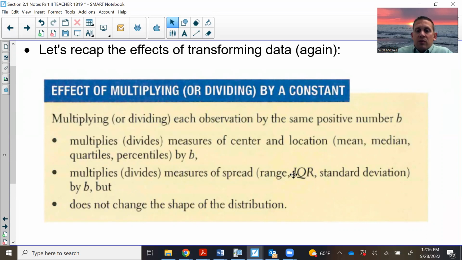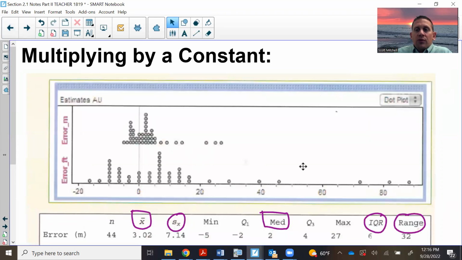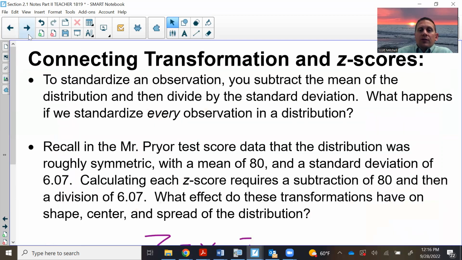Measures of spread, range, IQR, and standard deviation are also multiplied by B, but it does not change the shape of the graph. Again, go back and look at your picture. The shape is still skewed to the right. So shape never changes when you multiply, divide, add, or subtract. So that is a concept that we do need to know.